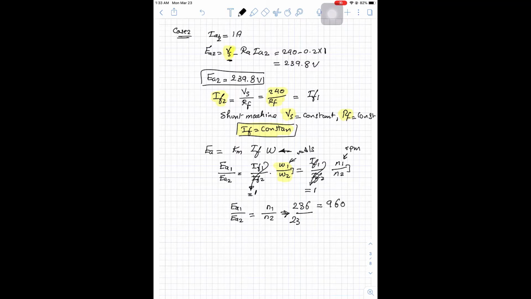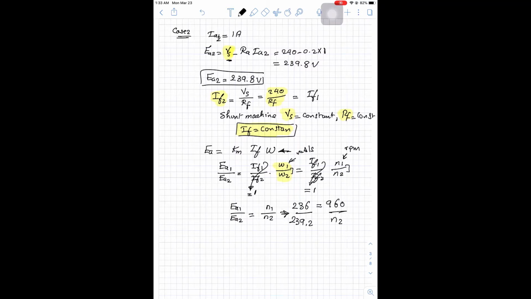EA for case 2 is 239.2. N2 is unknown. So from this equation, we can get that N2 equals 975.45 RPM.